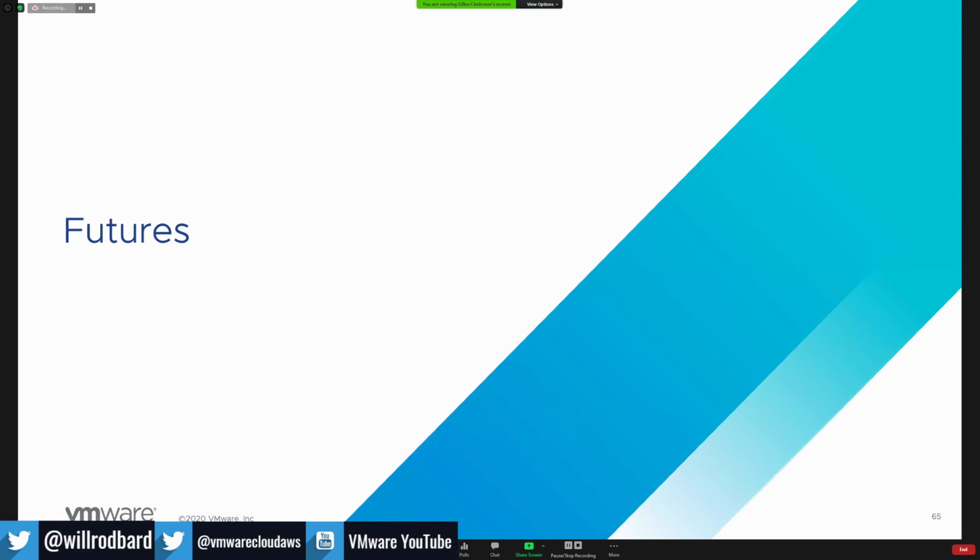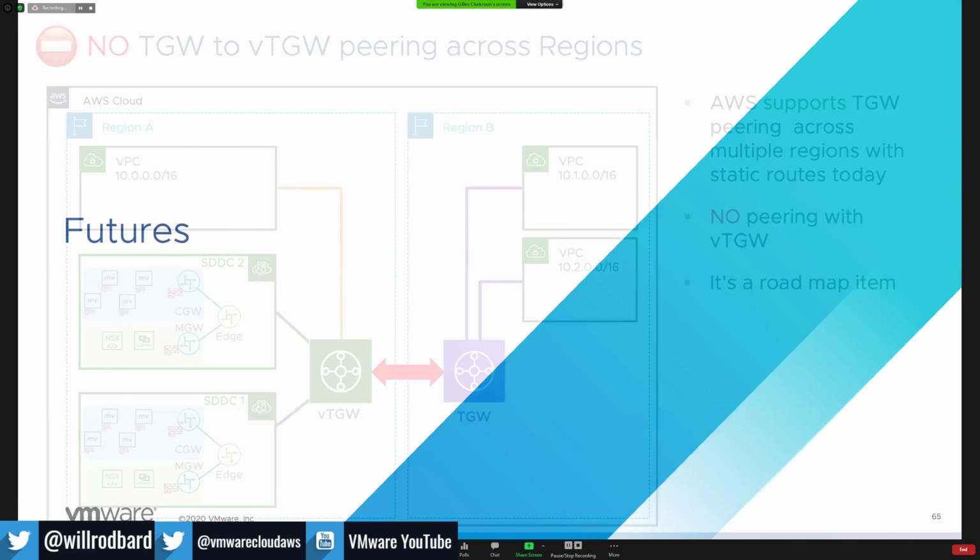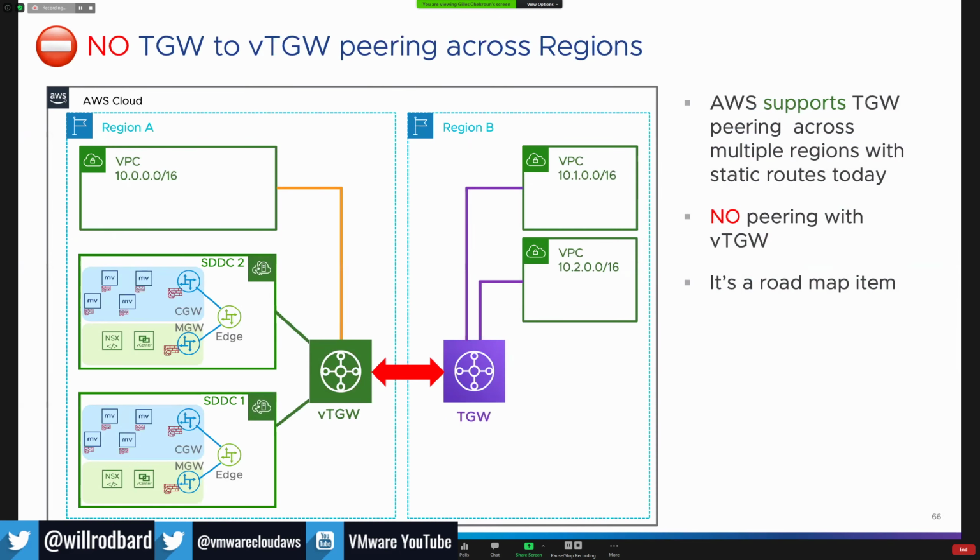In terms of future, what we are developing is actually this type of connectivity. So the first one will be between regions, okay? Today it's supported by AWS. You can peer transit gateways in different regions. Today we are working with AWS. It's a roadmap item to peer an AWS transit gateway to a virtual transit gateway.